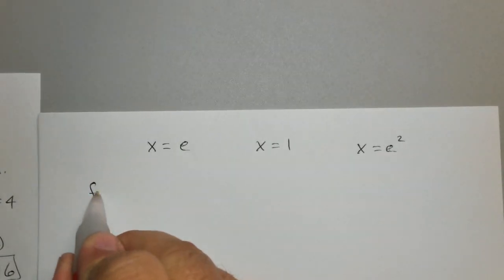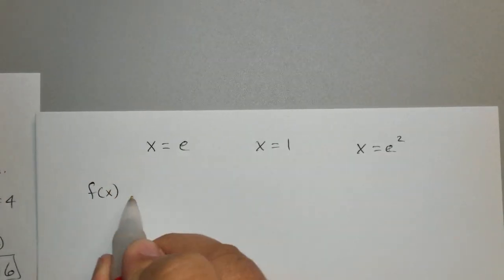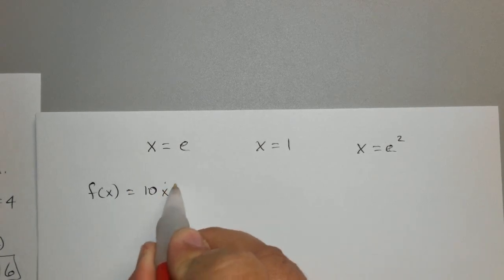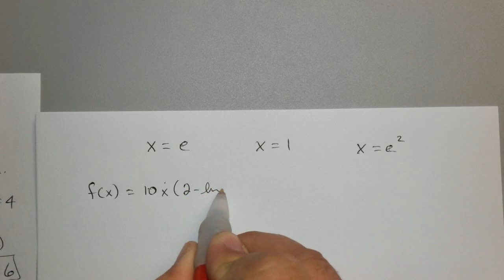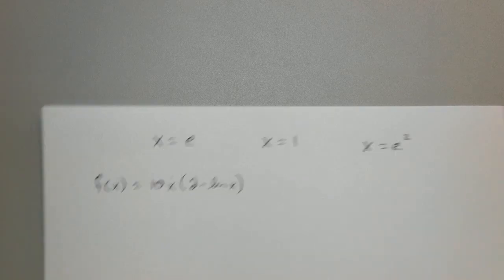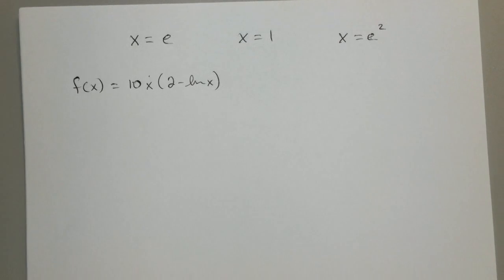We plug those back into the original function, 10x times (2 minus ln x). Once we do that, then we pick the highest and lowest numbers, and those are our extrema.